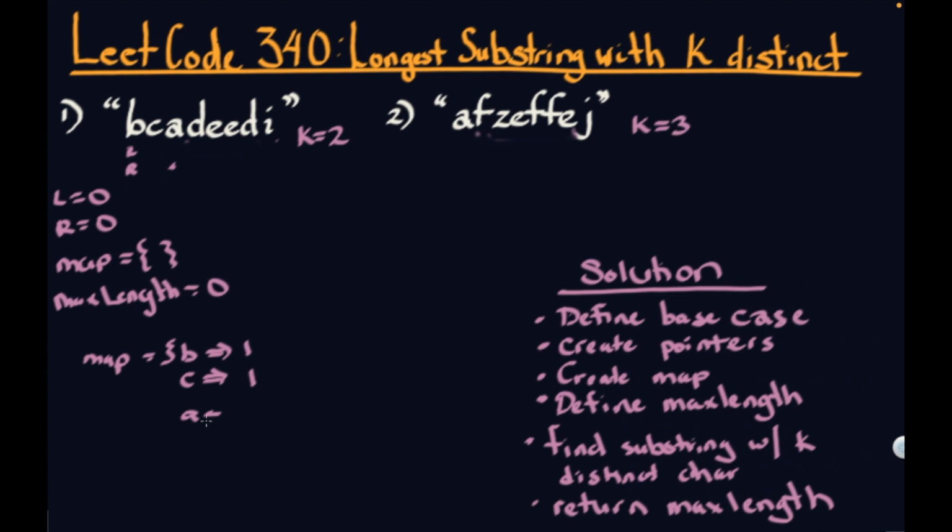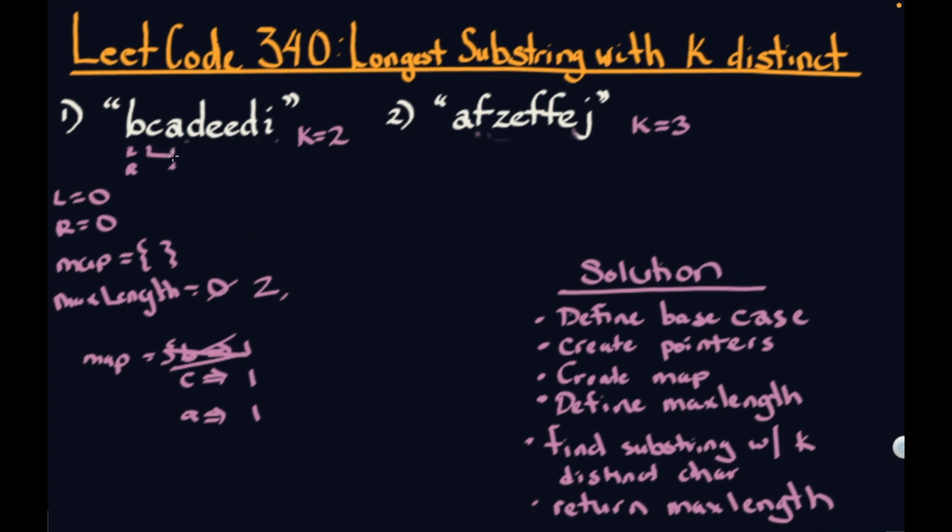But after we add it to the map and update the value for A, we're going to contract this window by moving L forward and removing the B. So now you're left with this substring, and we're also keeping track of the length as well. The maximum length that we've seen so far is 2, right?